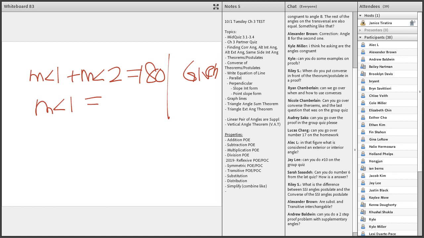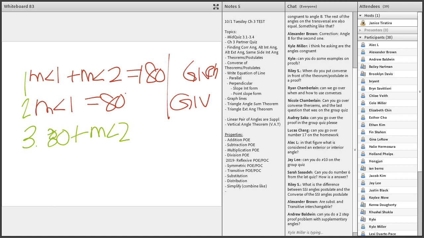And let's say measure of angle 1 is 80 degrees. That's also given. So if I say step 3, 80 plus measure of angle 2 equals 180, I will not use transitive property here. That is not allowed. You have to use substitution in this case.